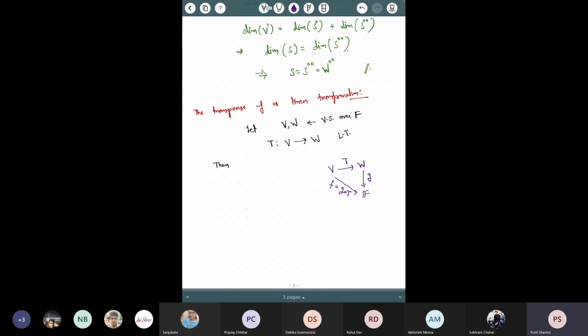So now you can say that this t induces a linear transformation from W dash to V dash as follows.